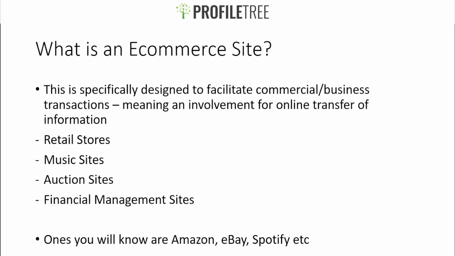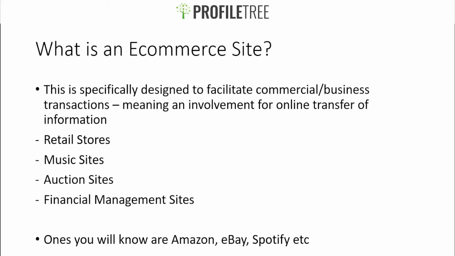So first slide here is what is an e-commerce site. It's pretty simple. It's just a platform to facilitate commercial business, and this just means an involvement of online transfer, so like online transactions with bank information or PayPal information or any other source of money transfer. So that's what an e-commerce site would be, and there's a couple of stores there that I've listed which would go more towards the retail stores.